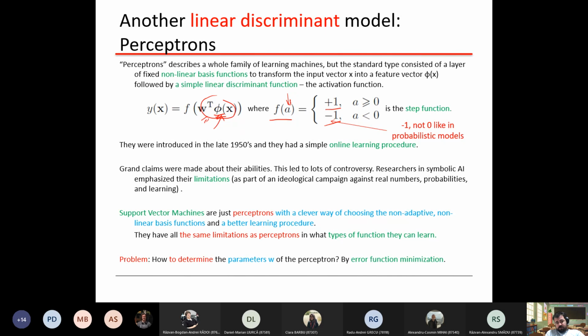And now, if we have a perceptron, the problem is how can we determine W? Like any optimization problem of determining W, all we have to do is minimize some error function. But the problem here is that we don't exactly know how to define this error function.